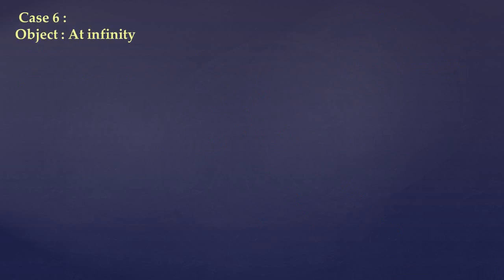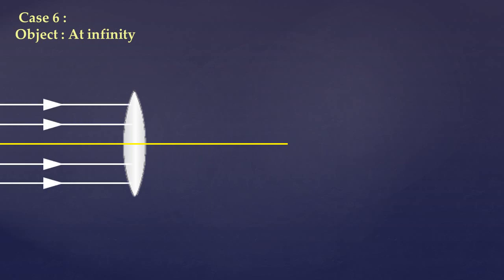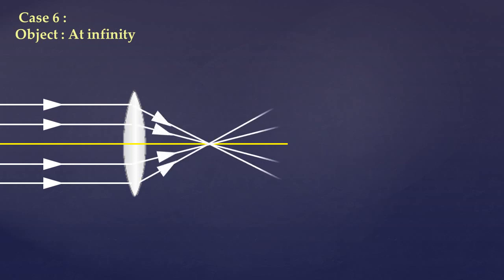Now, when the object is at infinity, this is one more case. This should be the first case. When the object is at infinity, where is the image formed? When the object is at infinity, the rays will be parallel to the principal axis, or you will get a parallel beam of light. So when this parallel beam of light strikes the lens, after refraction it will meet at a point.